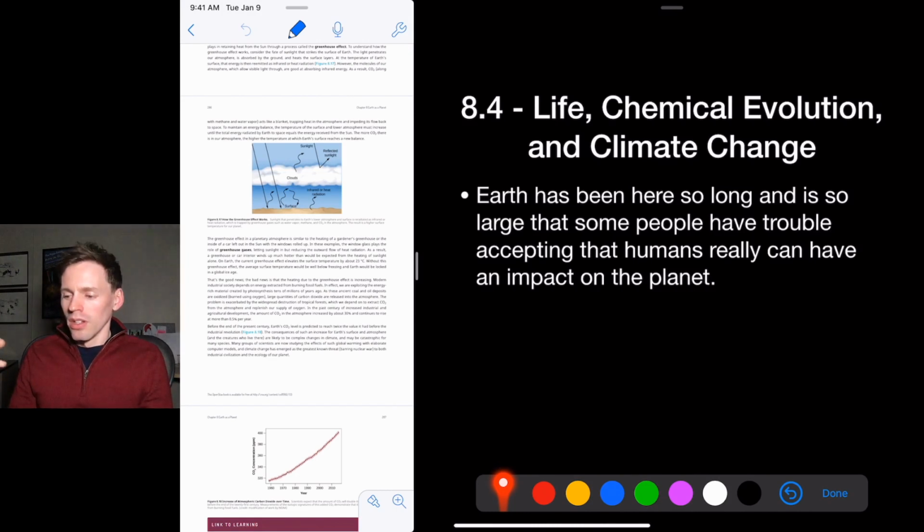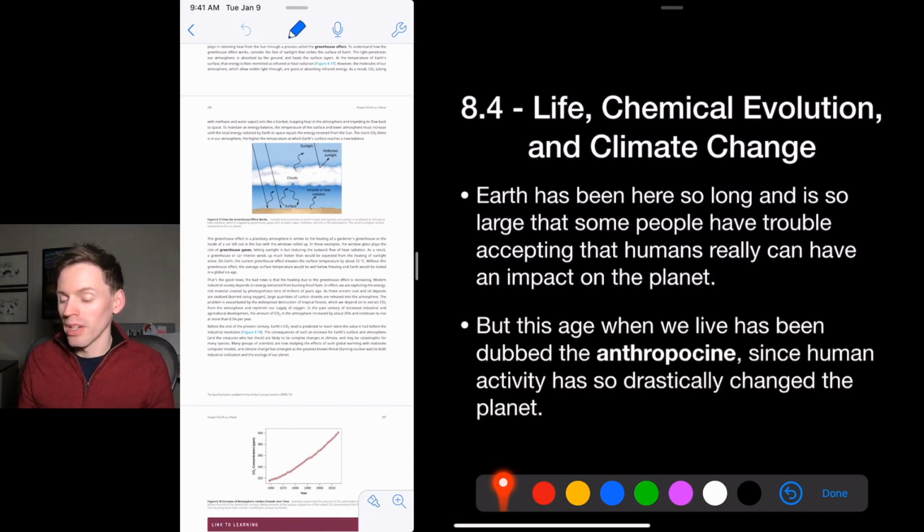So Earth has been here so long and it's so big that some people have trouble accepting that humans can have an impact on the planet, but where we live right now, in this time, we have created enough of an effect in the geologic record of the Earth that we call this the Anthropocene.